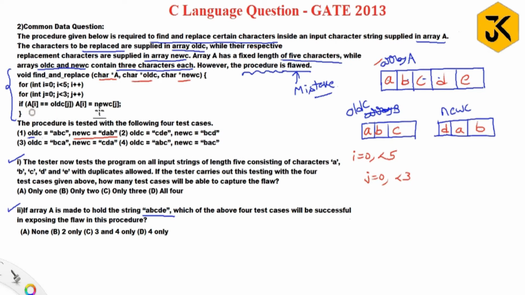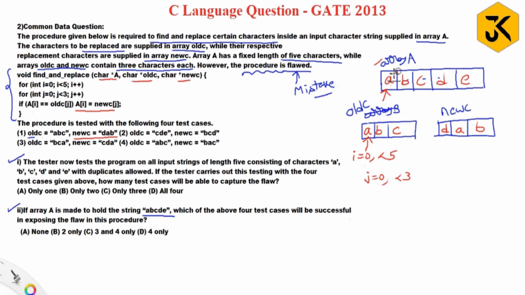If A of i, A of 0, is double equal to oldC of j, that is oldC of 0, yes. When both are the same, it is going to execute the inner statement, that is A of i equal to newC of j, meaning A of 0 is replaced with newC of 0.